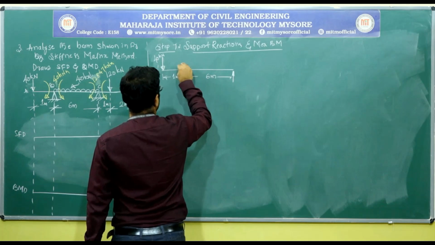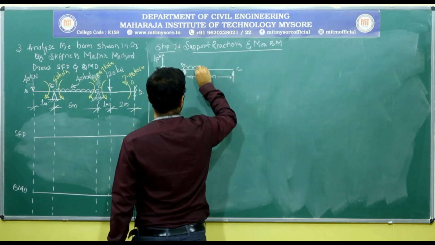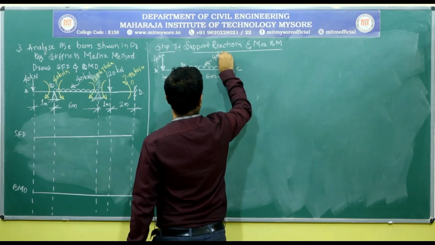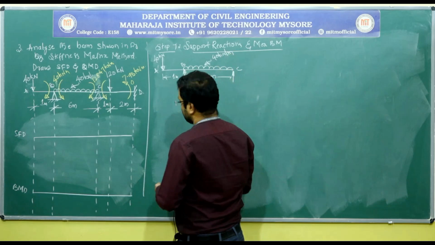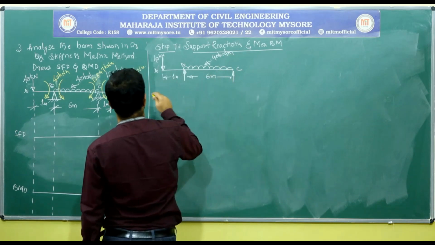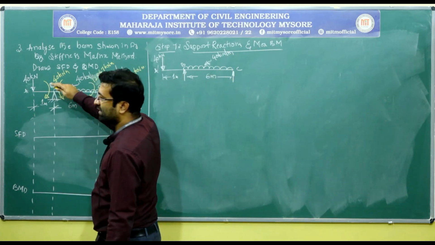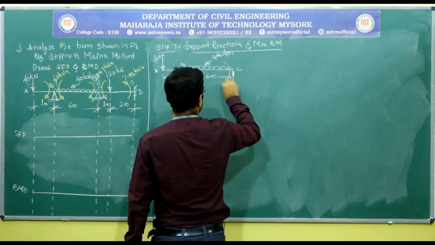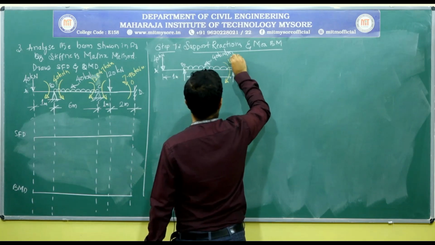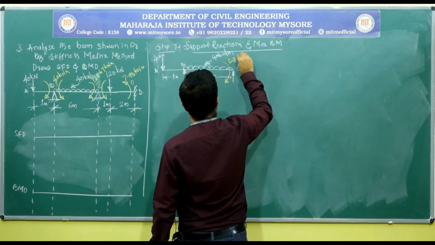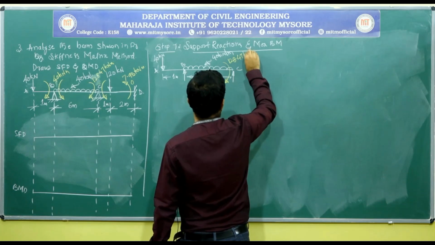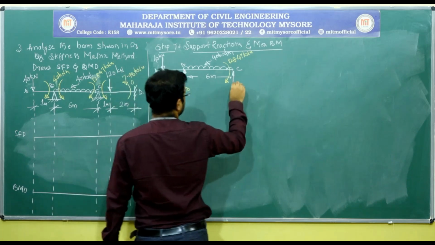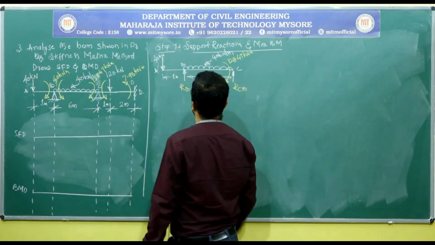This is point A, this is point B, and this is point C. BC carries a UDL of magnitude 40 kilonewtons per meter. Apart from this, they carry these moments, which are equal and opposite. I will ignore them because they will have zero effect. So here we have a moment of 128.47 kilonewton meter. Let us say this is RB, this is RCB.